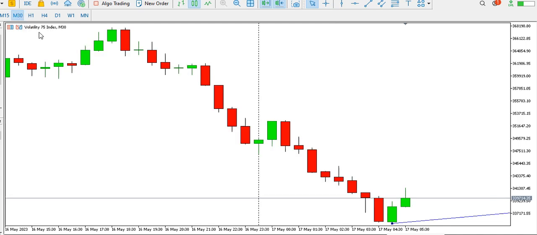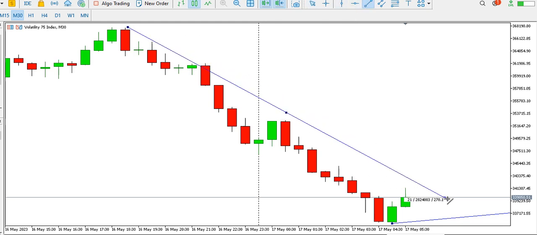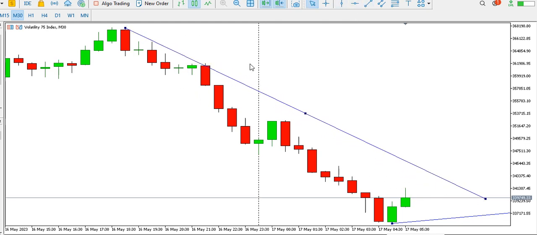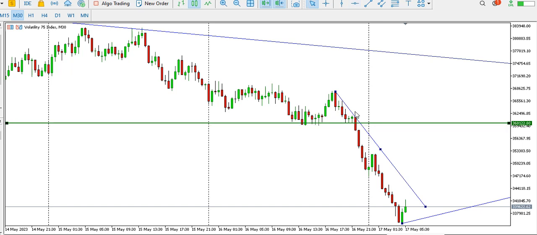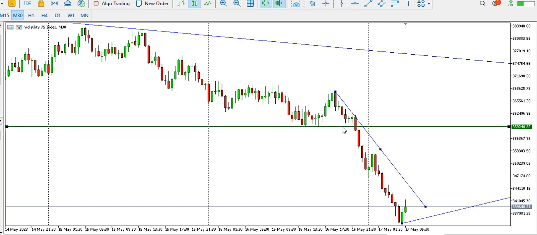On the 30 minutes time frame, what do we have here? You can see the bears are very much active, and you can see a break of this particular structure here, where the bears swept all buyer stop losses around here, and price continued to go down.